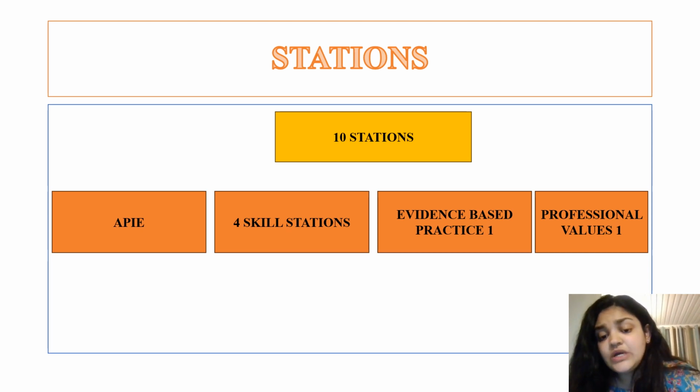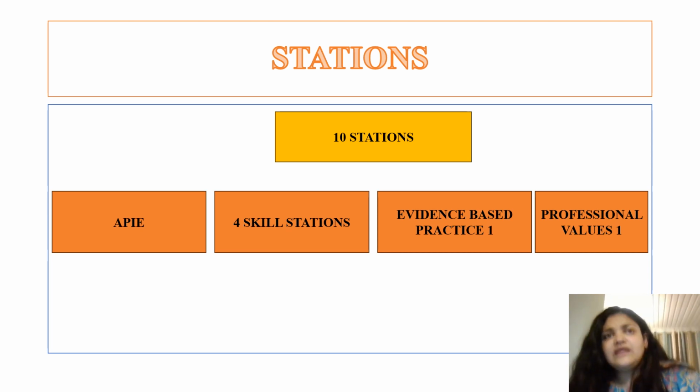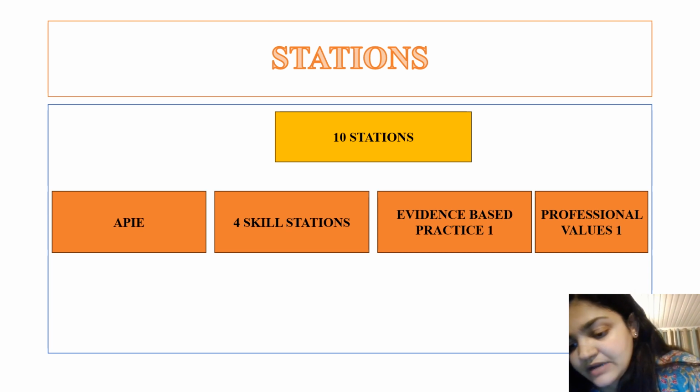We have to read the article and take out the abstract of it. For example, if the evidence is related to the use of tap water versus saline for wound healing, the patient comes with the evidence that tap water is better than normal saline, so why are you not using that? We have to read all the articles and list down the points. That is evidence-based practice, and that is only one station.